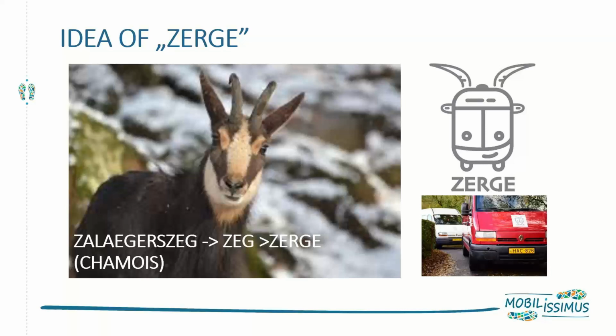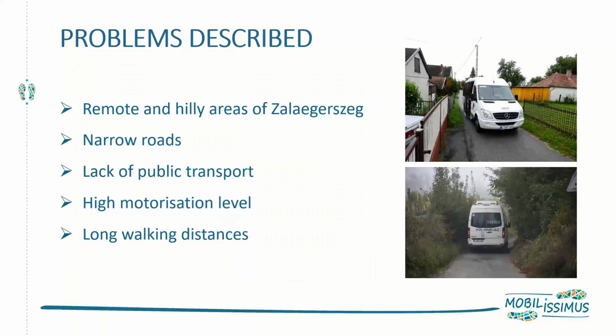In Zalaegerszeg, the living lab generated the idea of Zerg. Zerg is the mountain goat in Hungarian. This name comes from the fact that this demand responsive transport system has been implemented in rather hilly and rural areas.